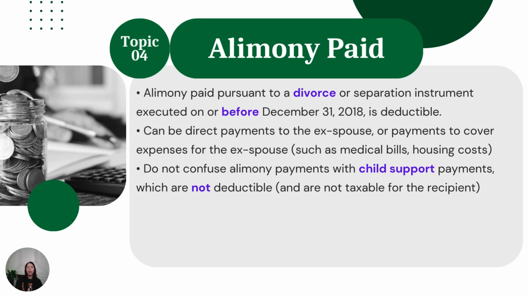So any alimony that you paid to your spouse that you separated from before 2019, you would be able to deduct as an adjustment to income. And this could be considered direct payments or payments to cover expenses such as medical bills, housing costs, etc. But if your divorce was after 2019, then any alimony paid is no longer deductible.